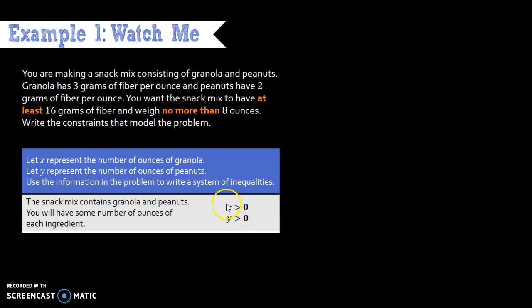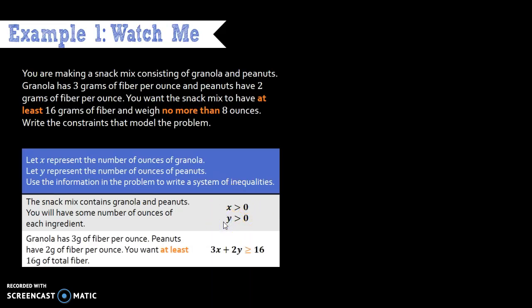These are constraints. We also know that granola has 3 grams of fiber per ounce, peanuts have 2 grams of fiber per ounce, and we want at least 16 grams of fiber. That means that I want exactly 16 or more than 16 grams of fiber.